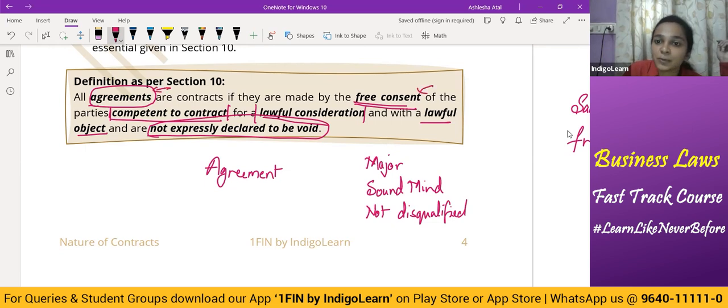If you remember all these highlighted words, you will be able to identify whether a contract is a valid contract or not. Now, in examination, we often see questions wherein you're given different situations and you are asked to identify whether the contract is a valid contract or not. You will be able to do that only if you remember the essential elements of a valid contract. So for essential elements, you not only have to remember the essential elements as per section 10, but also the general essential elements. Clear? Are you all clear with the essential elements of a valid contract?